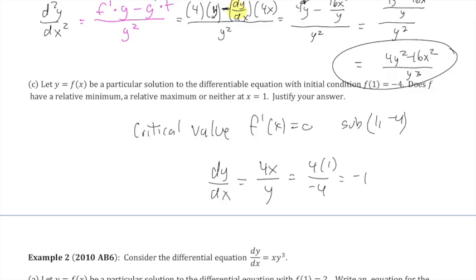So this equals negative 1. This is not a critical value, so it's neither. Because it would have to equal 0 before you can look at maximum, minimum, and relative extrema. The first thing is that you need a critical value, which means the derivative needs to be 0, but the derivative is not 0 at 1, negative 4.